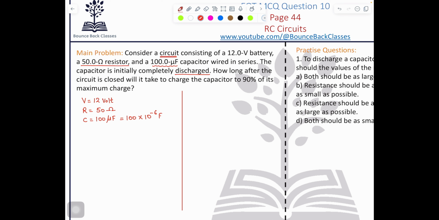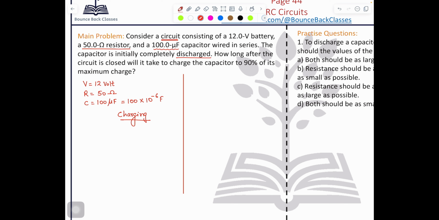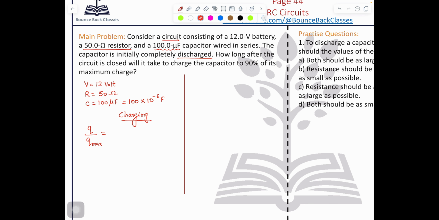So this is the case of charging. If this is the case of charging, what should be the formula? We know Q over Q max equals 1 minus e raised to power negative t divided by RC. Clear? What are we looking for? We are looking for time.